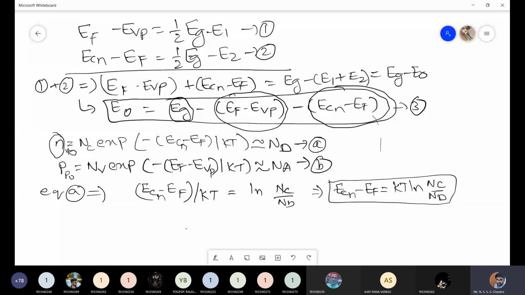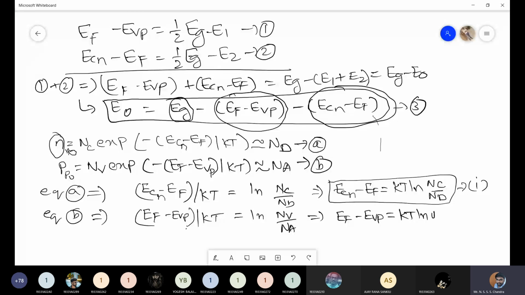I'll name it as equation 1, and again rewriting equation B, similarly I'll get EF minus EVP by KT equal to log n NV by NA, from which I will get EF minus EVP is equal to KT log n NV by NA.